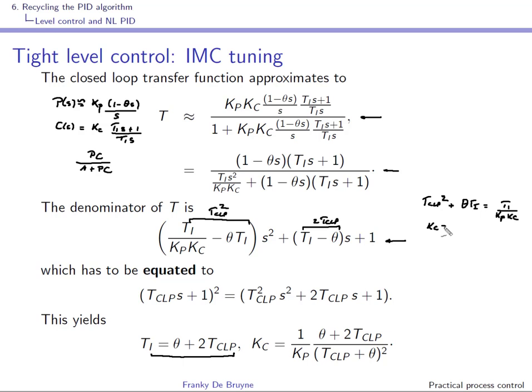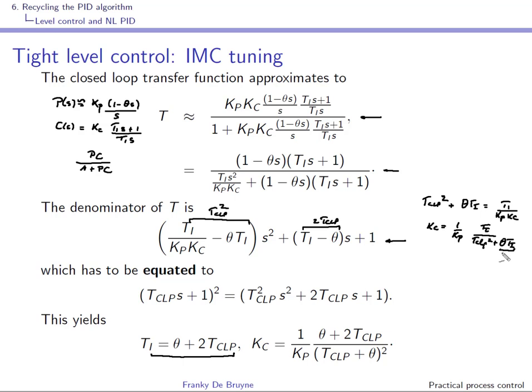Kc is equal to 1 over Kp. This makes sense. Kc is always inversely proportional to the process gain. We'll have Ti over TCLP squared plus theta Ti.